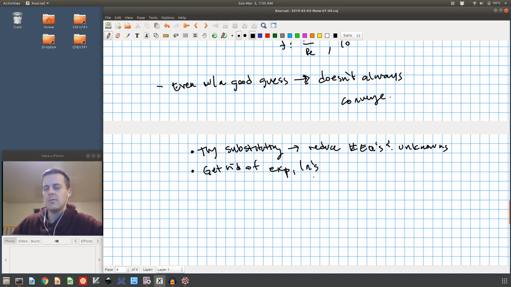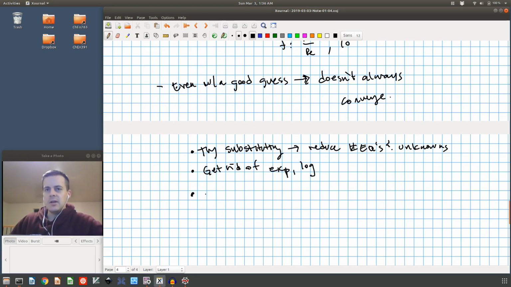I'm going to erase ln and write log. These can be really hard on solvers for various reasons, like you can have a problem if you take a log of a negative number. So sometimes you can take the exponential of it, or you can take the log of it. That's just something to try.